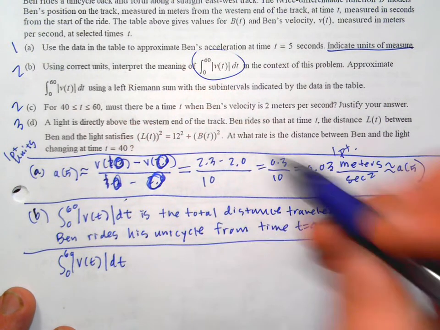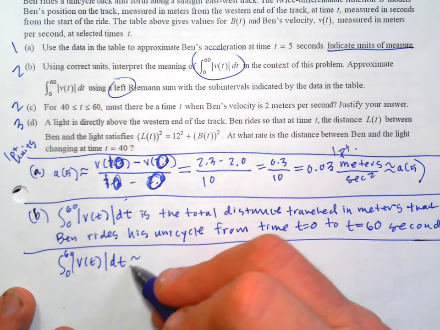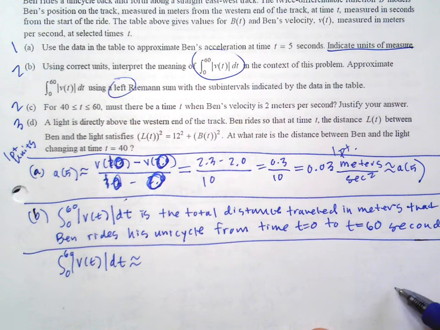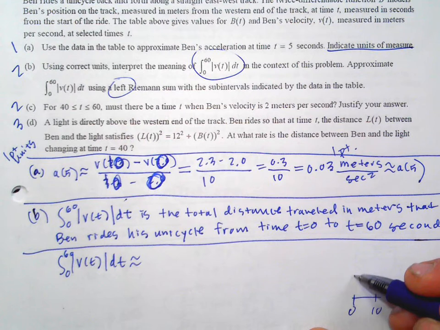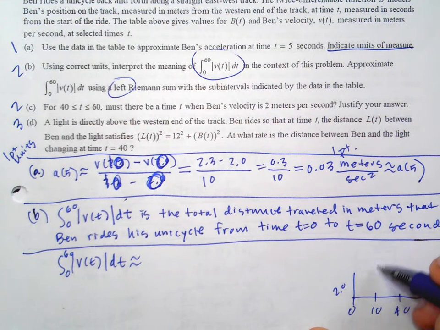It says using a left Riemann sum. So I'm going to draw a picture. I'm going to say, okay, 0 to 60: 0, 10, 40, 60. And then we're doing velocity. So it's 2.0, 2.3, 2.5, 4.6.